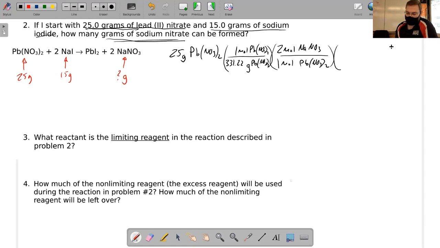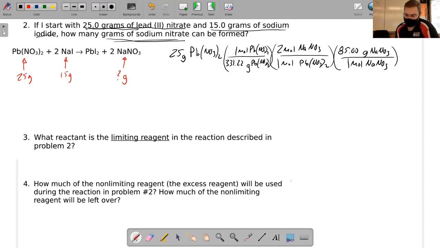And then because we're interested in how many grams of sodium nitrate, you then convert from moles of sodium nitrate into grams of sodium nitrate. So it's whatever the mass of sodium nitrate is: 22.99 plus 14.01 and 3 times 16. That's 85 exactly.